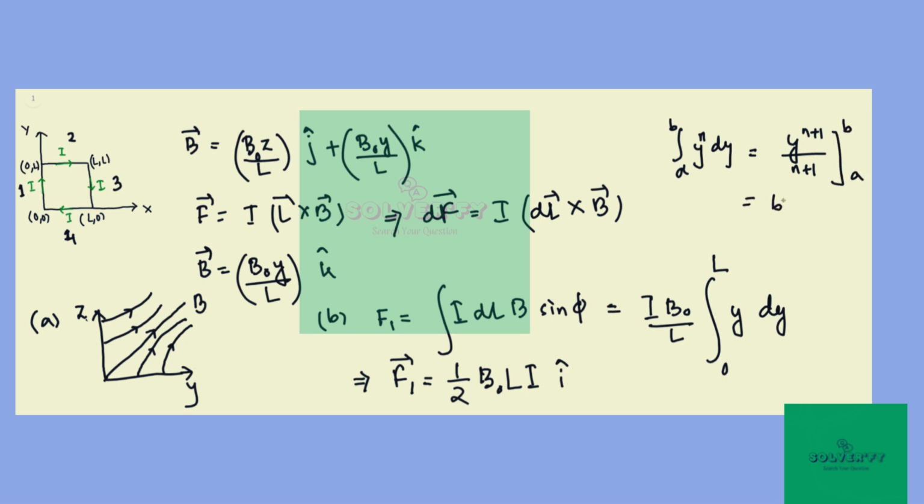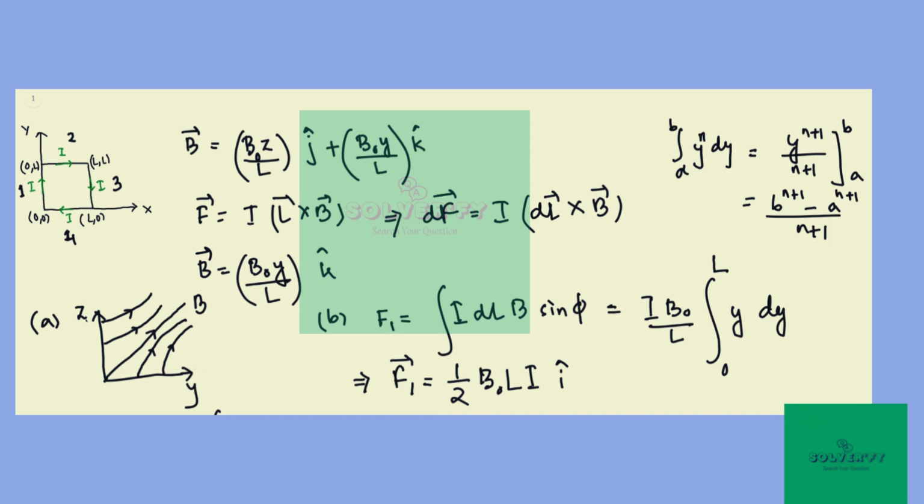This gives b to the power n plus 1 minus a to the power n plus 1 over n plus 1. And that's what I did over here. And if n is -1, the integration is just going to be the logarithm of y, and then you have to apply the limits here.